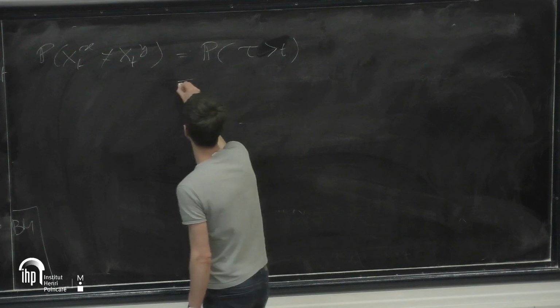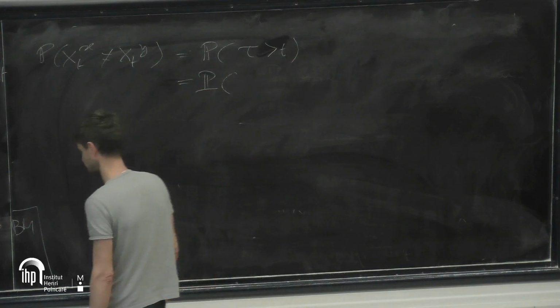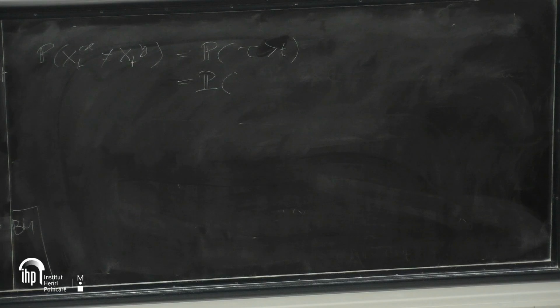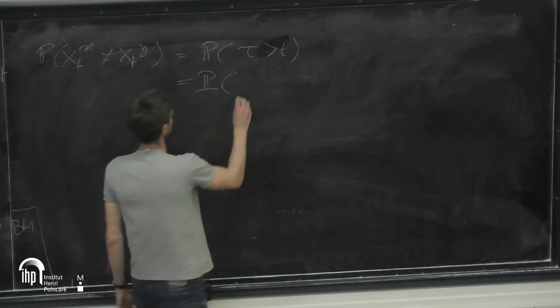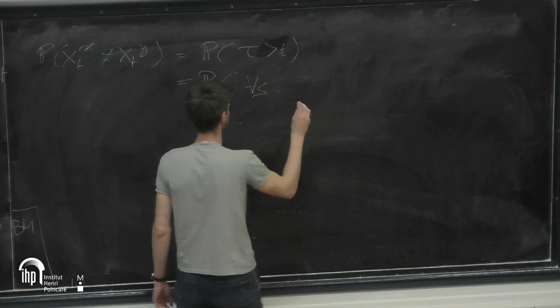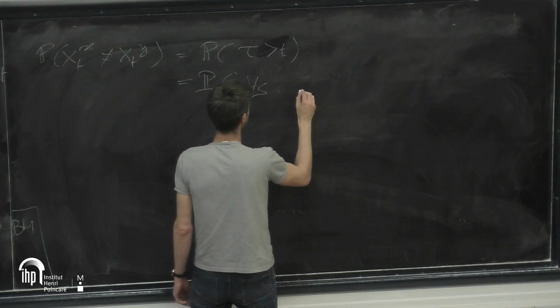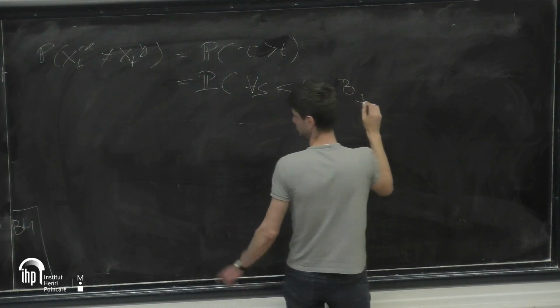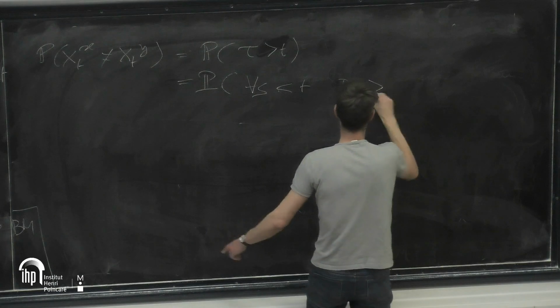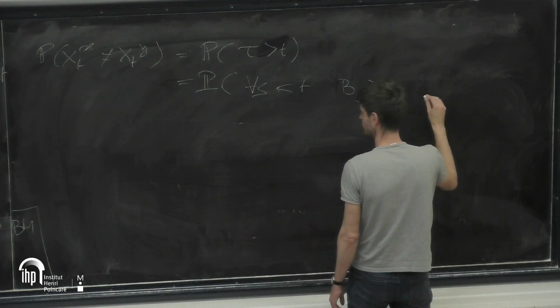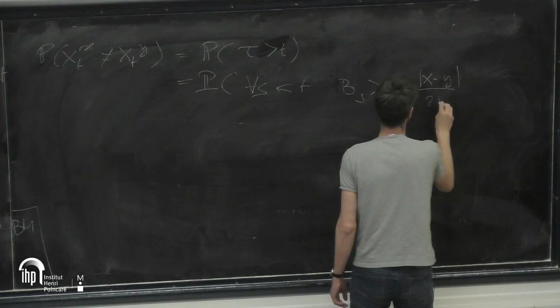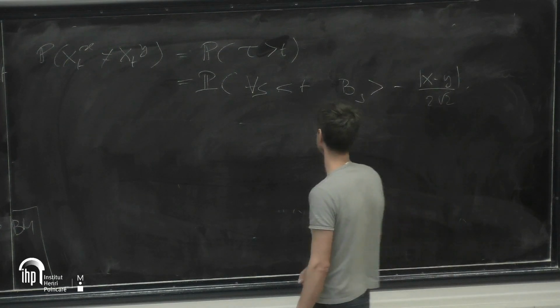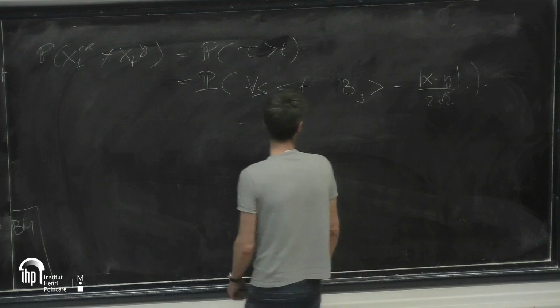So this is the probability that this Brownian motion here has not hit the value minus this value. For every s less than t, B_s is larger than minus (x minus y) divided by 2 square root 2.